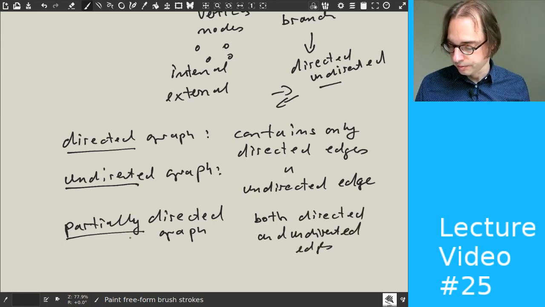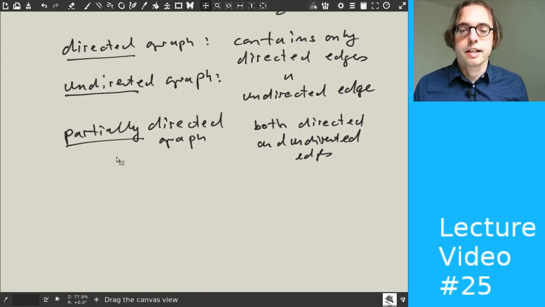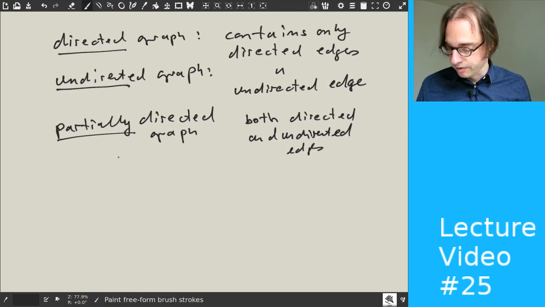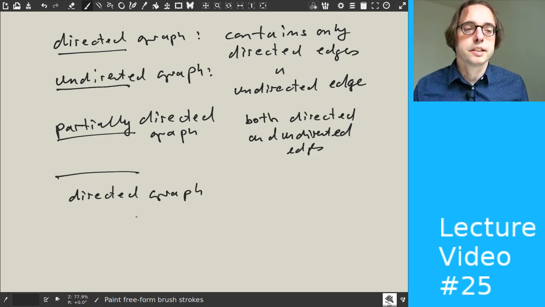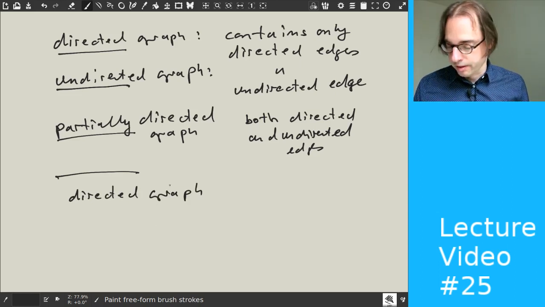If we have a directed graph, then we have a relationship: we have parent nodes and child nodes.